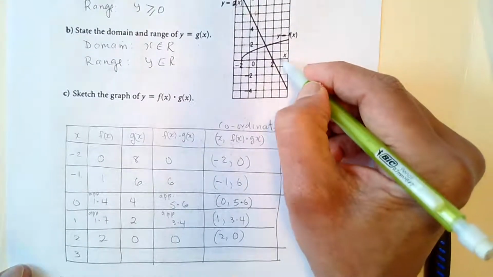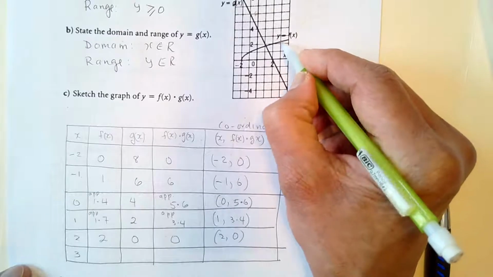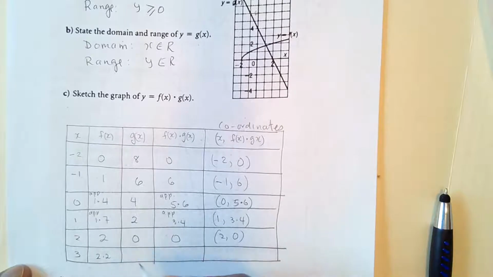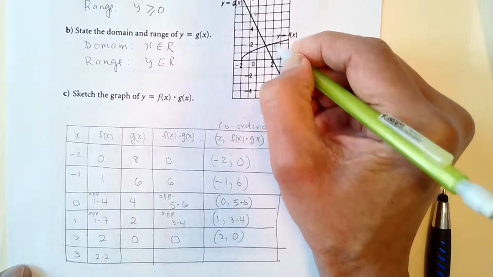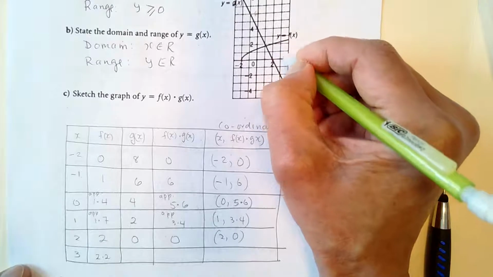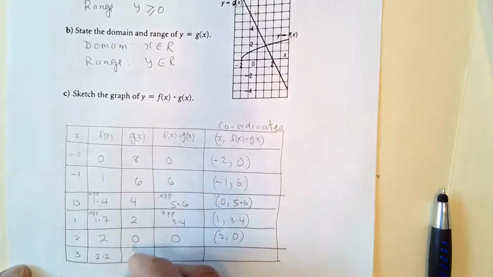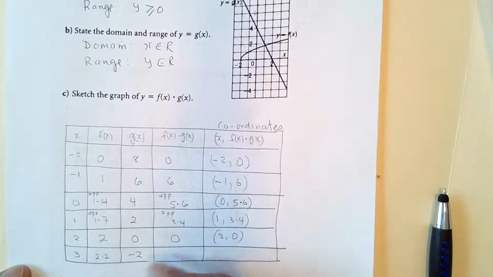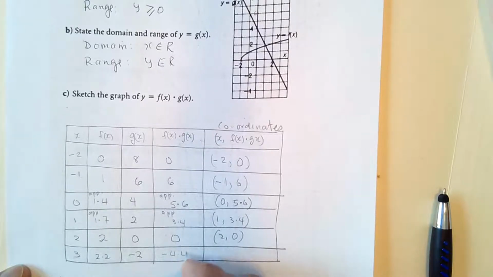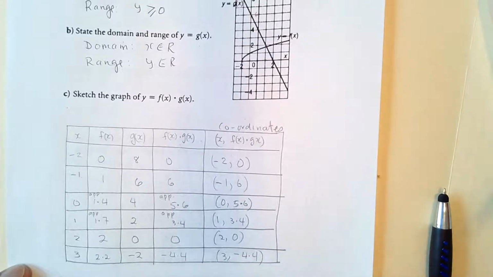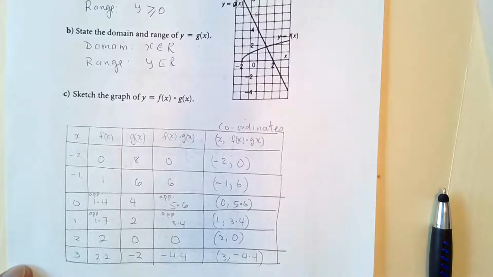And we can try 3, which is just over 2. So I'll say 2.2. And g of x is -2. So 2.2 times -2 gives me -4.4. Gives me a coordinate of 3, -4.4.